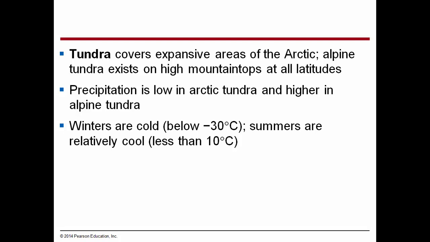Precipitation is low in Arctic tundra and higher in the alpine tundra. Winters are cold, below minus 30 degrees Celsius, and summers are relatively cold. Fire is not really a huge concern in the tundras; there is just extreme wind and cold.